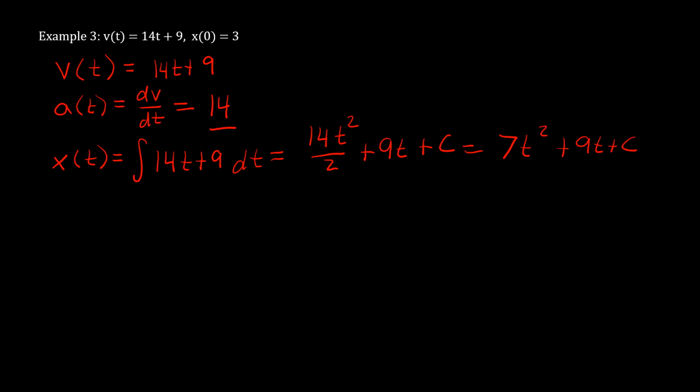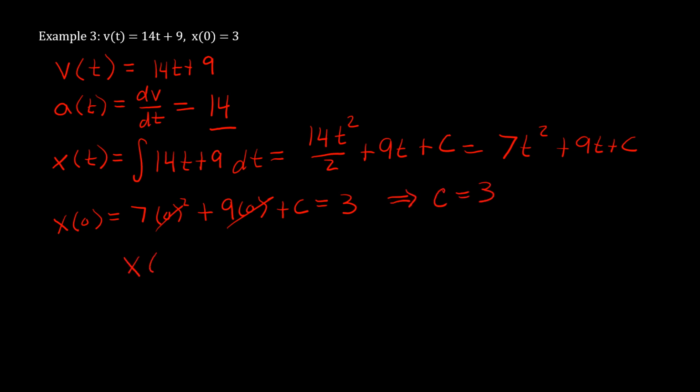And then using the initial condition, we have x of 0 equals 7 times 0 squared plus 9 times 0 plus c equals 3. These both go to 0, and we're just left with c equals 3. So our final answer, the position function, is x of t equals 7t squared plus 9t plus 3.